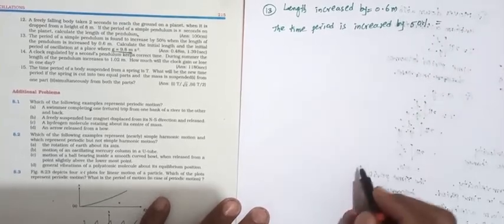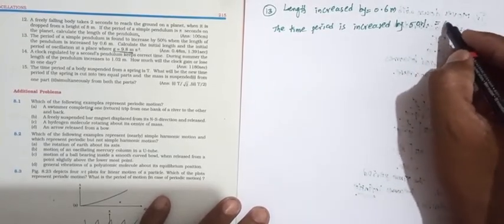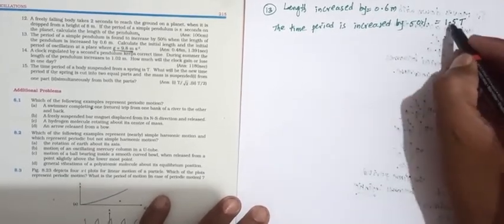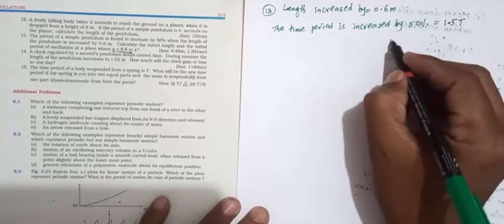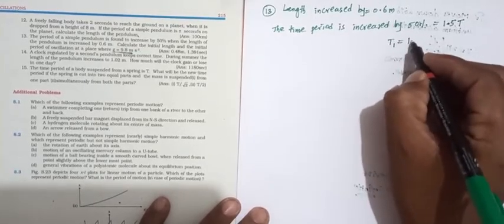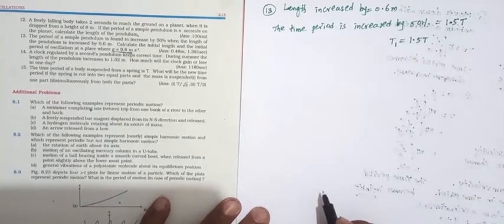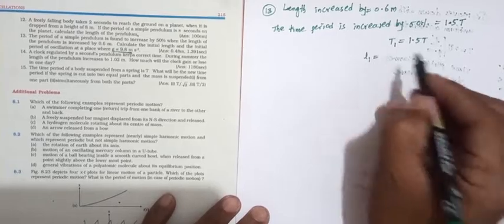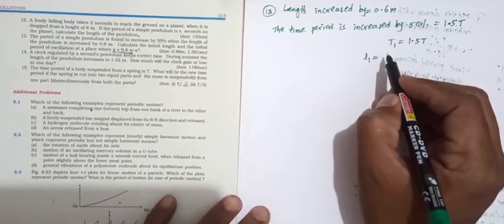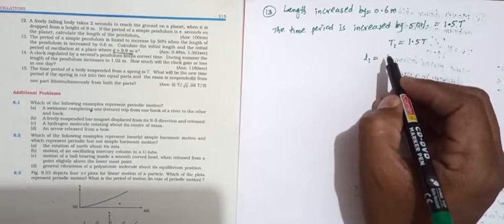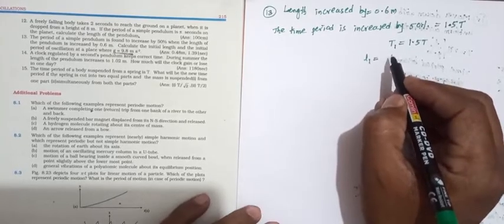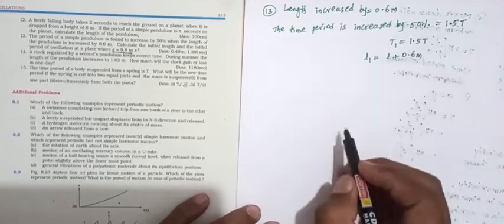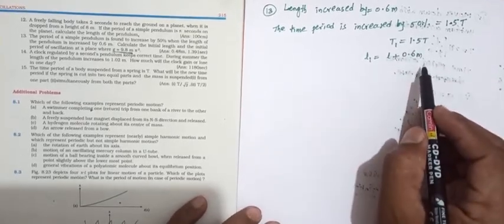We have taken the initial time period as T, so what is the time period T1? We have taken T1 equals 1.5 T. For example, we consider the initial length is L, so here L1 equals L plus 0.6 meters, the length is increased by 0.6 meters.